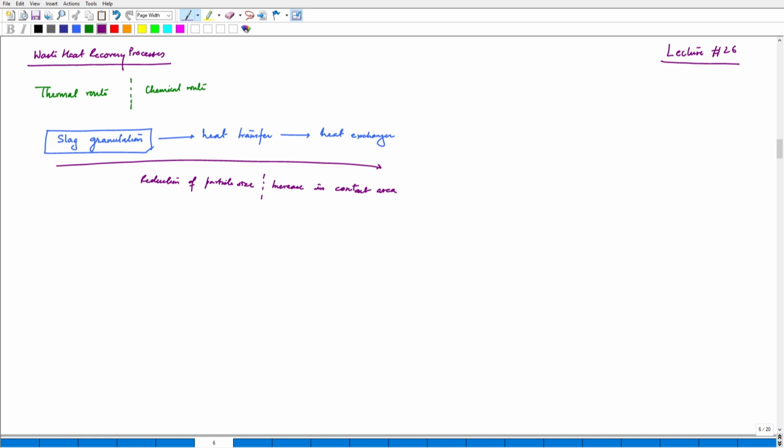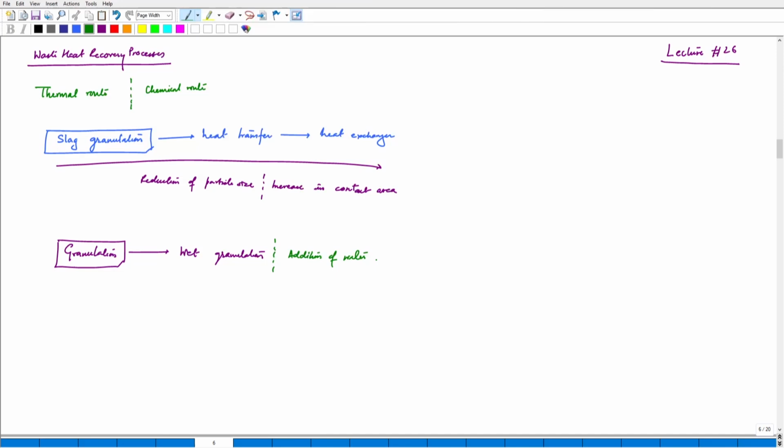Now, we know the wet granulation we had discussed. Granulation we will look at one more time. We have wet granulation, and we know that wet granulation means we need to add water. There is one more important aspect that we did not look at previously, which is the generation of gases.